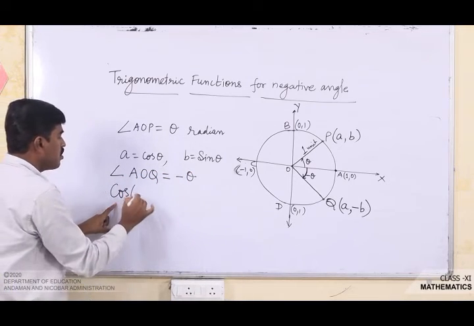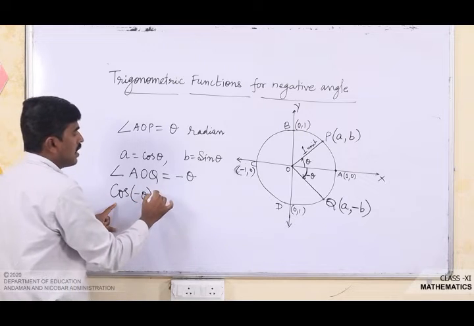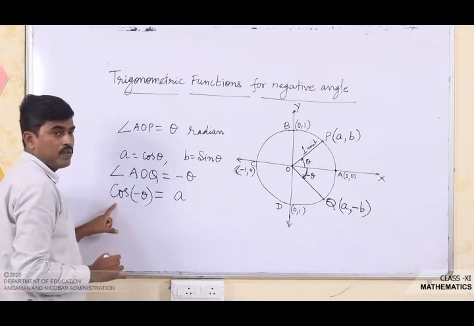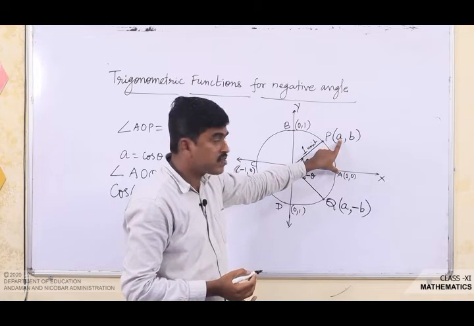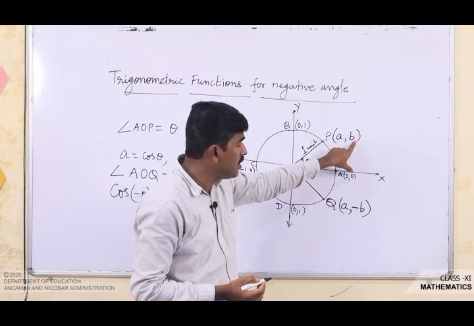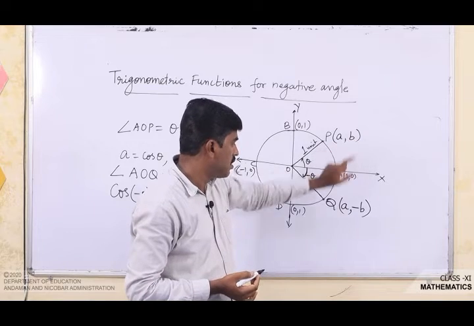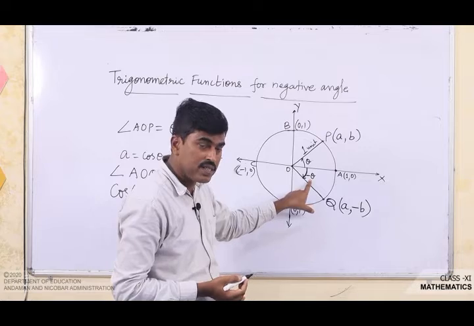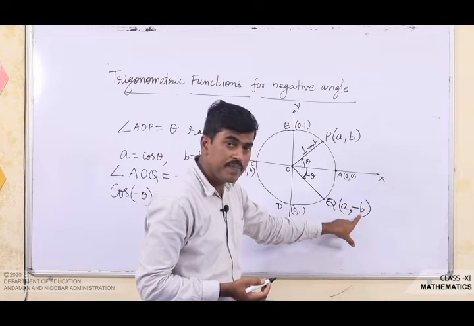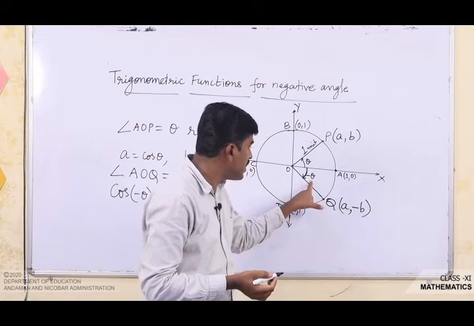Okay. Now cos of minus theta can be written as A. Why? Because I told you this A represents cos theta and B represents sin theta. So in this case A represents cos of minus theta, and minus B represents sin of minus theta.